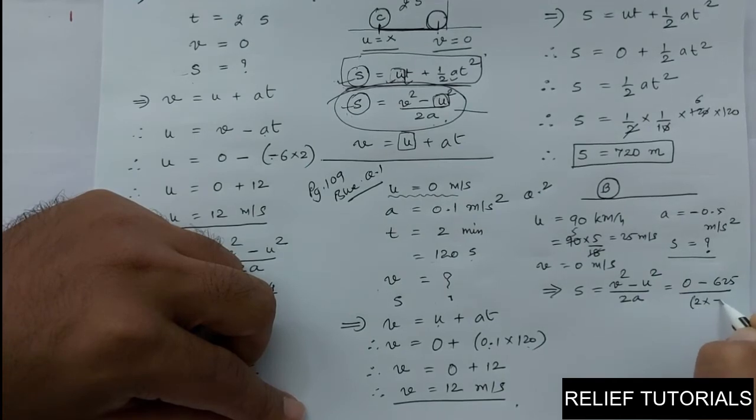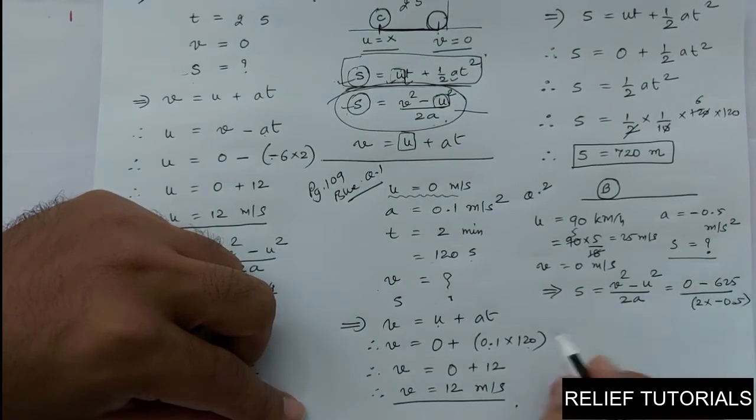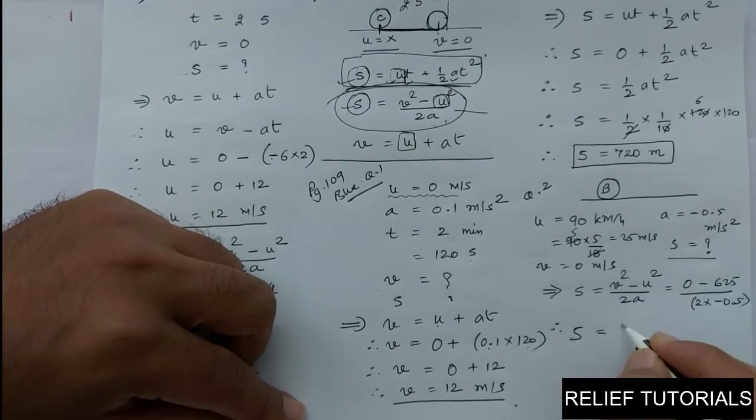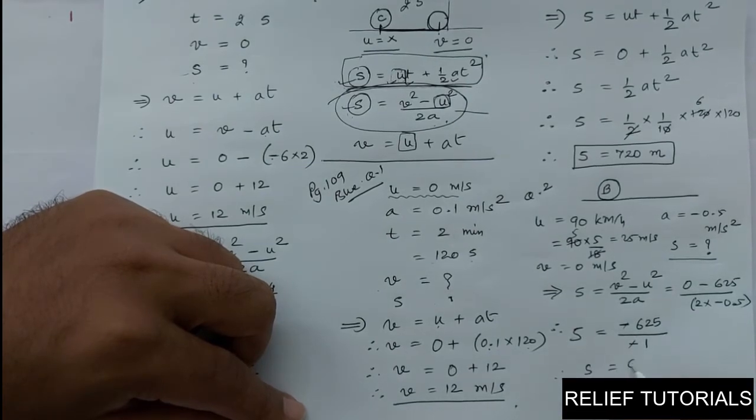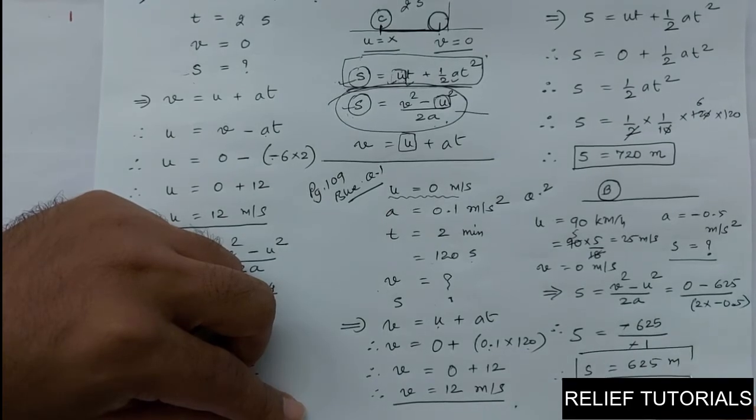Therefore, s is equal to 0 minus 625, means minus 625 upon 2 into minus 0.5, it should be minus 1. So minus minus cancelled, and therefore distance is 625 meter.